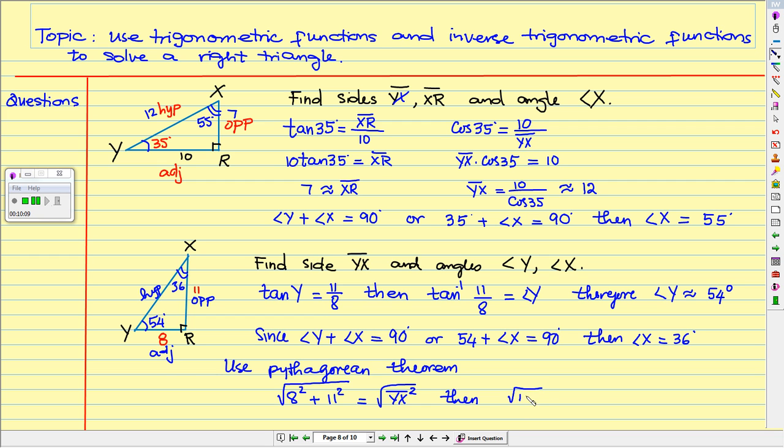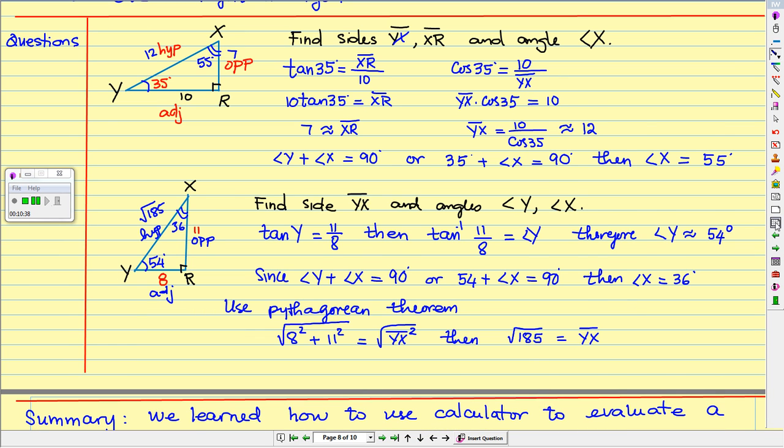Therefore, we end up with the square root of 185 as the side YX. So YX is the square root of 185. Now we found all the side lengths and all three angles.